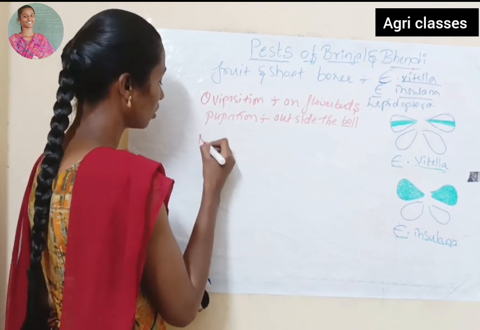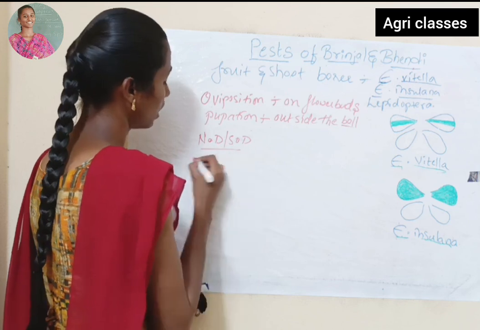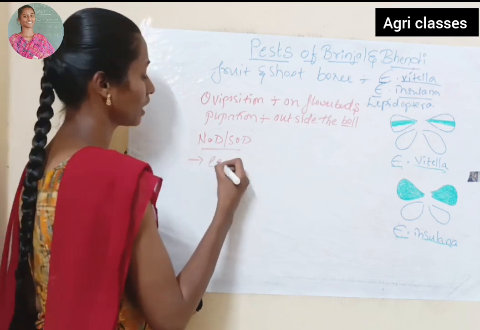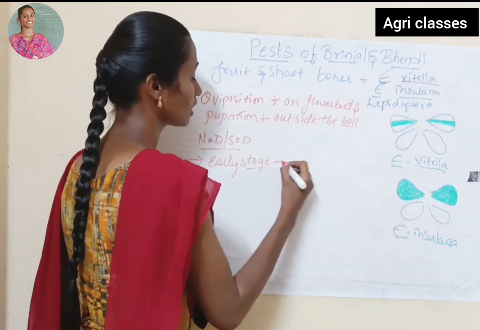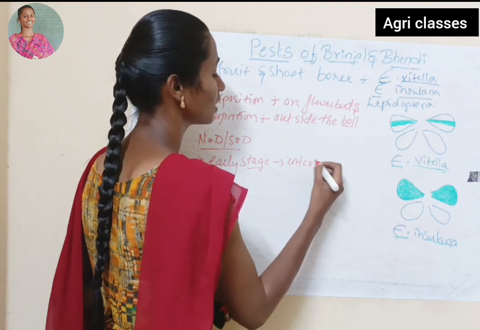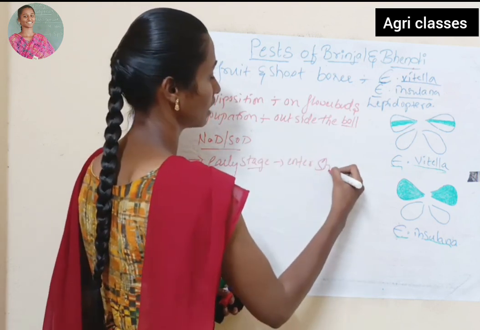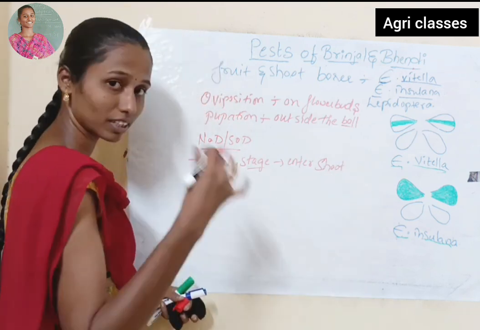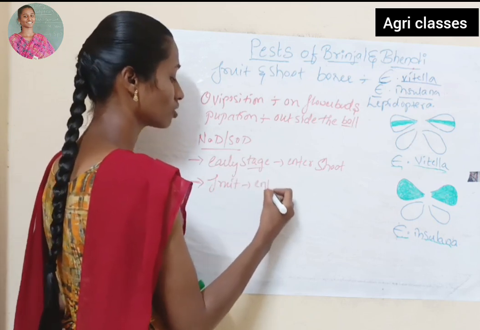Then what are the nature of damage and the symptoms of damage? Here, after hatching, these larvae, during early stages before bearing the fruits, will enter into the shoots and eat the matter present inside the shoots, and they will affect the shoot portions. Then after flowering, after fruit bearing, they will enter into the fruits.